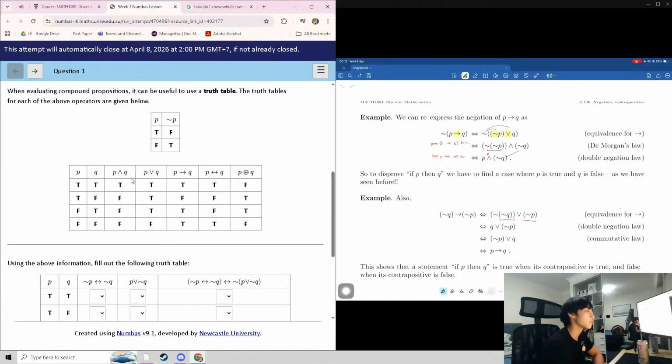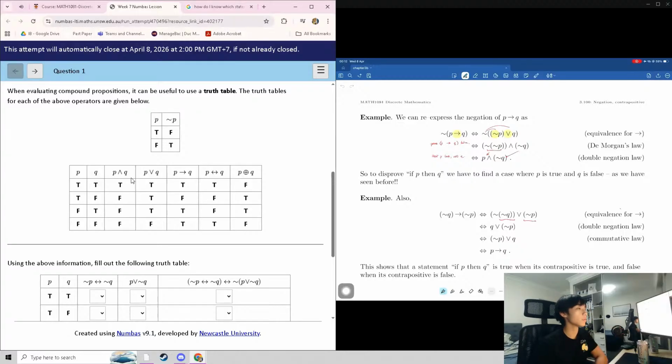So an inclusive or. If P is true and Q is true, then P or Q is true. If P is true, then one of the two is true, and it's only false when both P and Q are false.